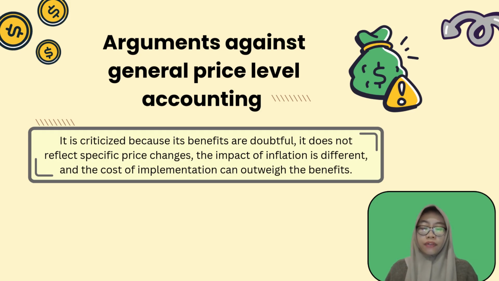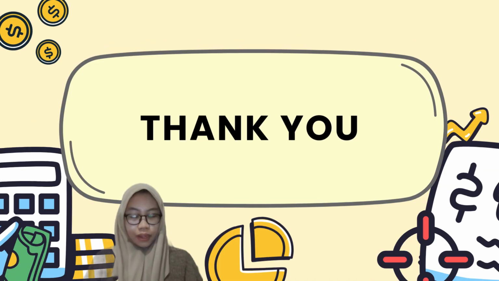This method only reflects overall inflation and ignores specific price changes that affect different industries or firms differently. As a result, it may not provide accurate insight for all businesses. Additionally, the cost and effort to implement this system may outweigh the potential benefits, especially in environments with low inflation.